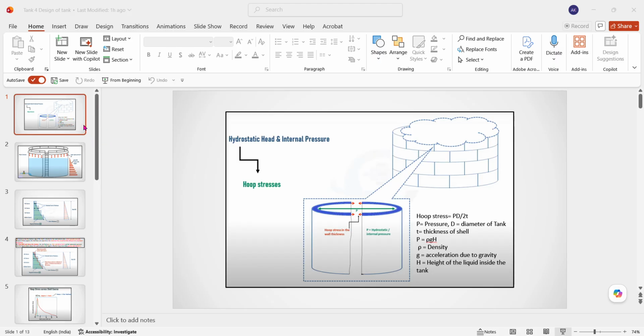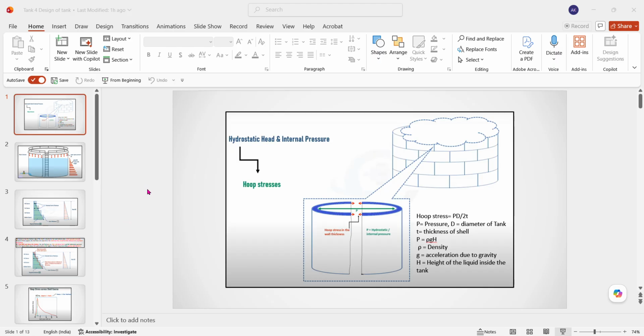Here you see the 4.9; where has it come from? You have hoop stress PD by 2T, and this P is rho g H. g is 9.81, so if you divide 9.81 by 2, you get the 4.9 factor. That's why the 4.9 factor has come.